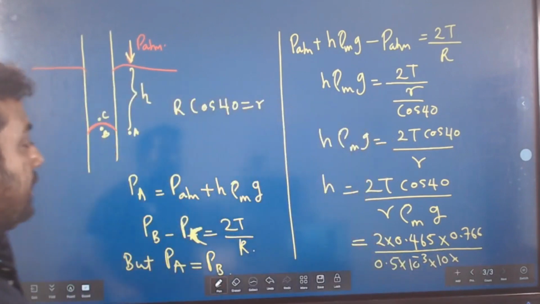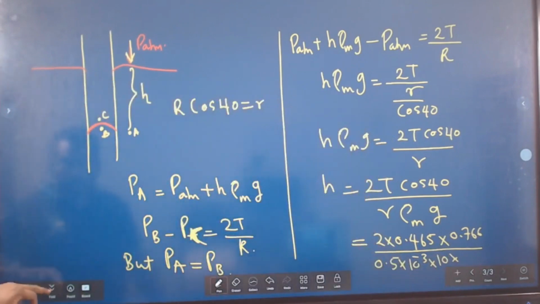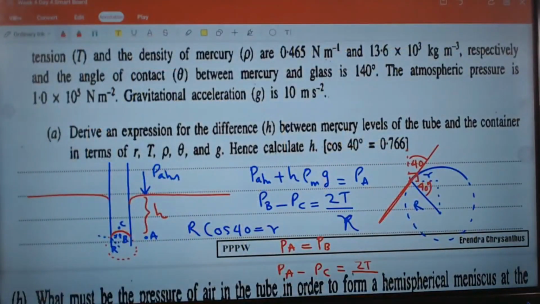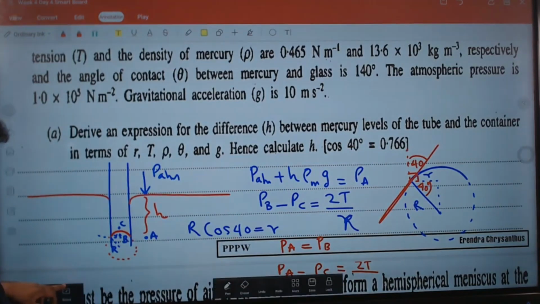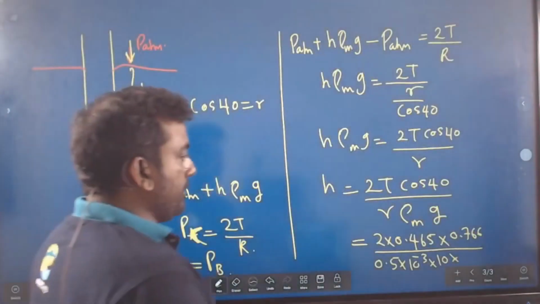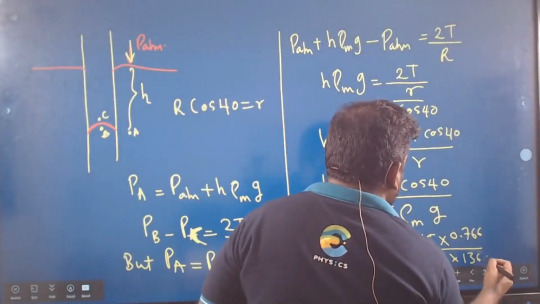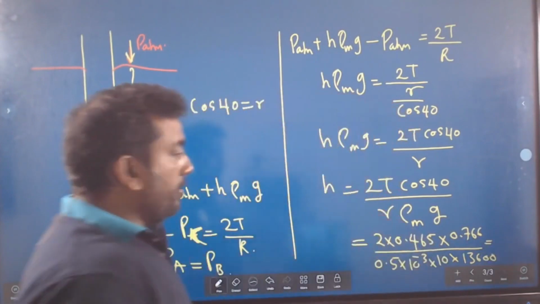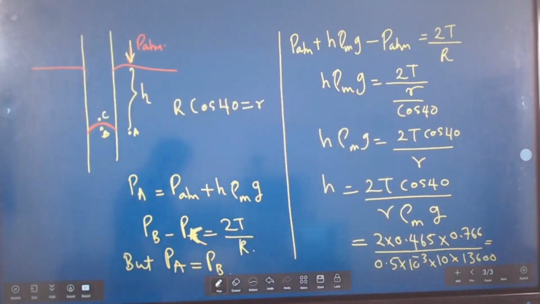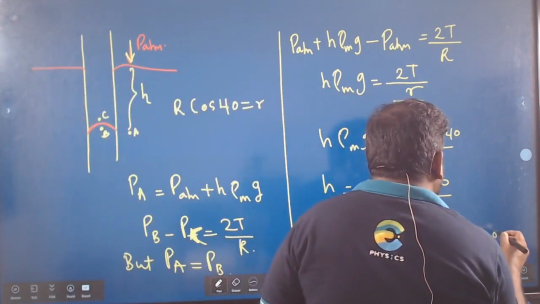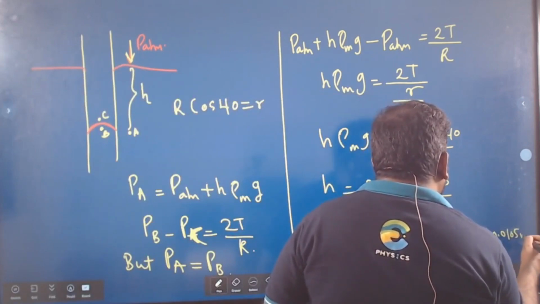Density of mercury is 13,600. From this you can get the answer for height. The answer for height is 0.0105 meters.